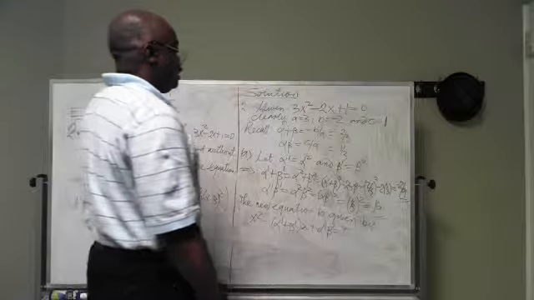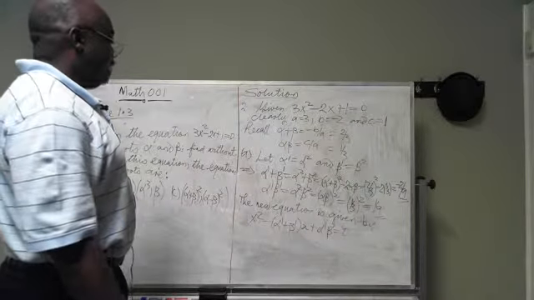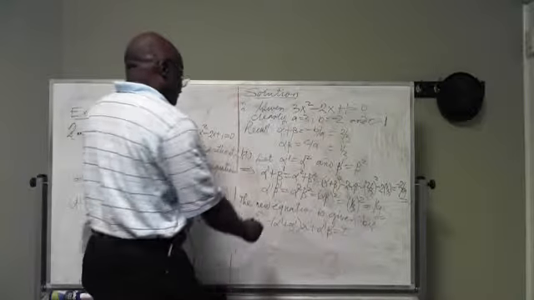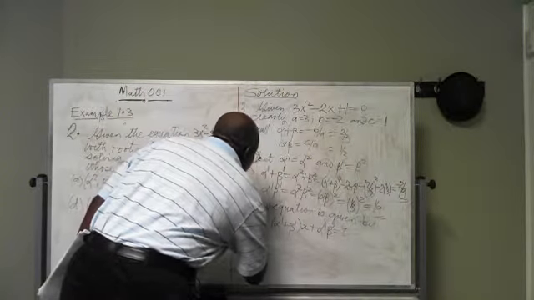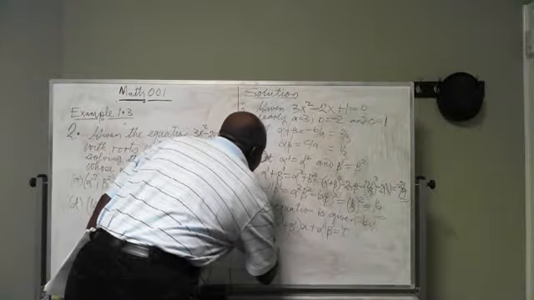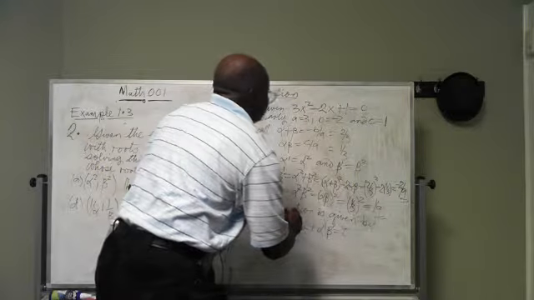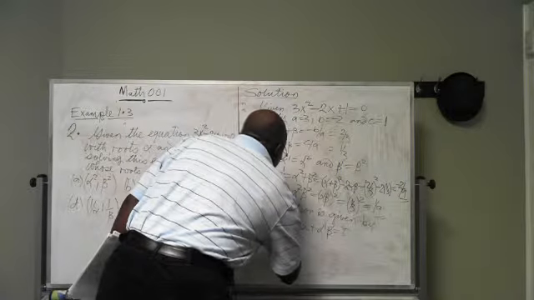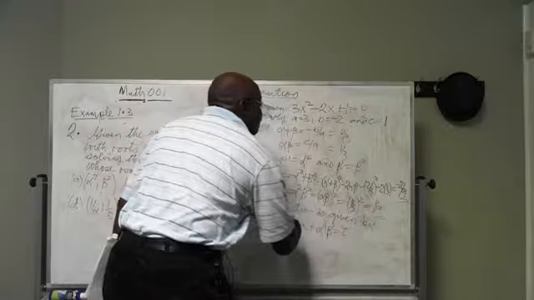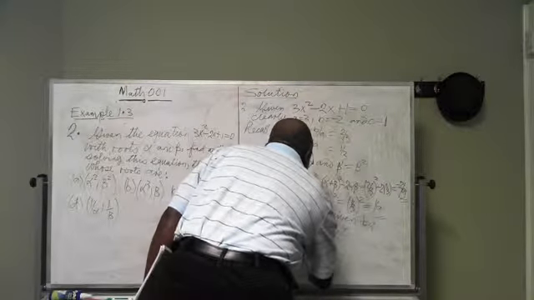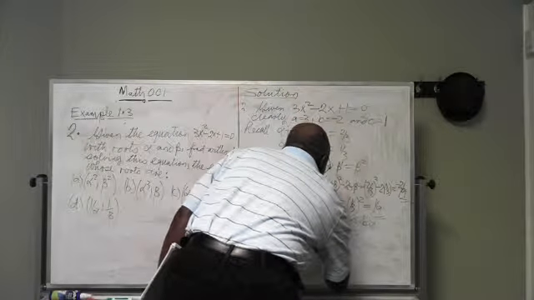So if we slot in the respective values for alpha prime plus beta prime and alpha prime beta prime in this relation, we have x squared minus minus 2 over 9 x plus 1 over 9 equals 0.